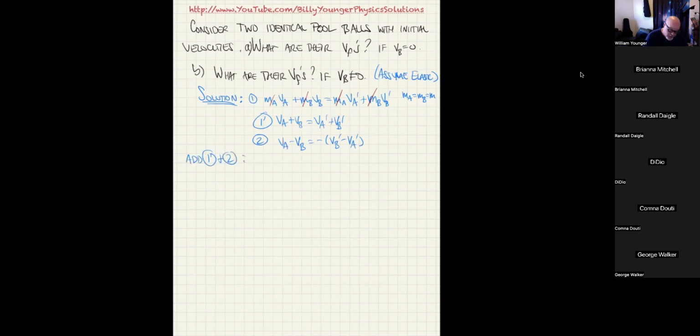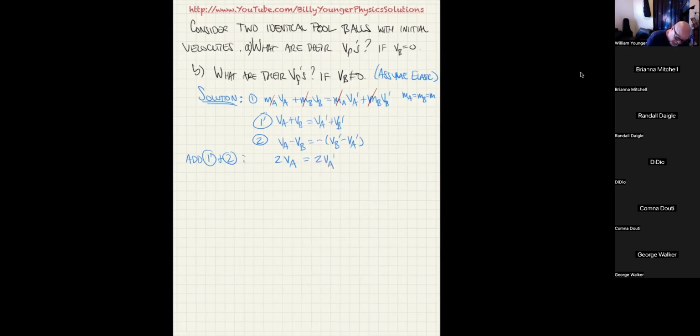When I do that, notice the VB and the negative VB on the left-hand side cancel out, so I get 2 VA on the left-hand side. On the right-hand side, I get a negative VB prime with a positive VB prime, so those two cancel out. Then I get VA prime plus, because a negative times a negative is plus, VA prime. So this gives me 2 VA prime.